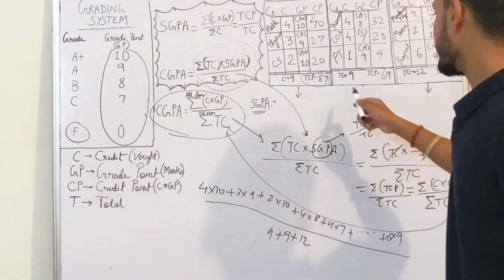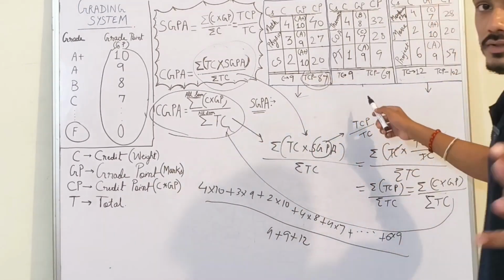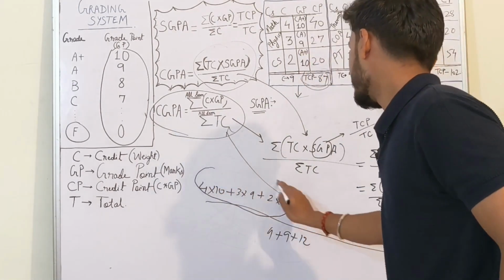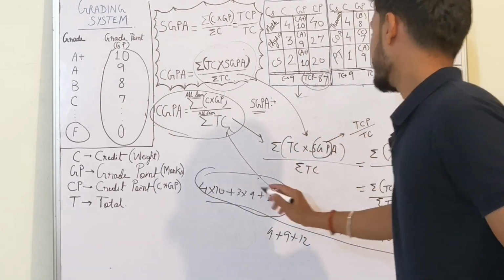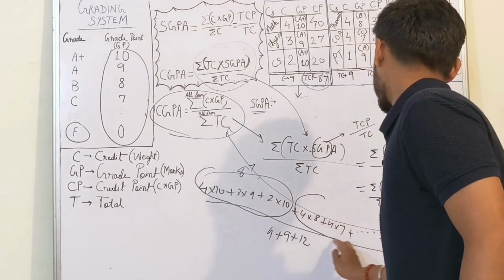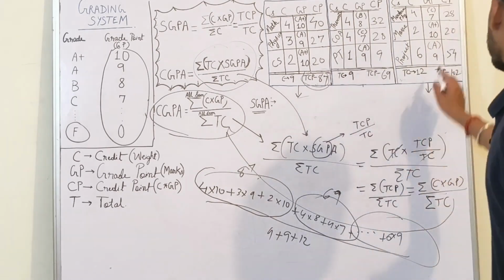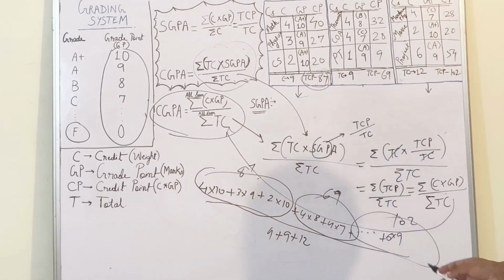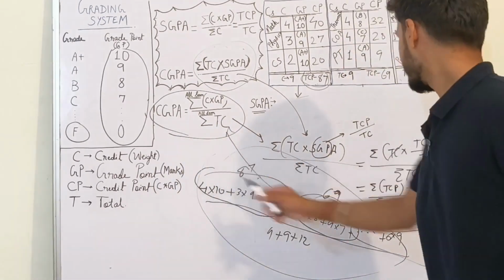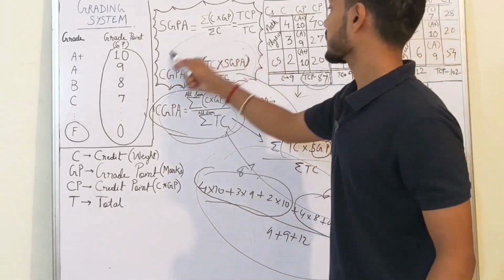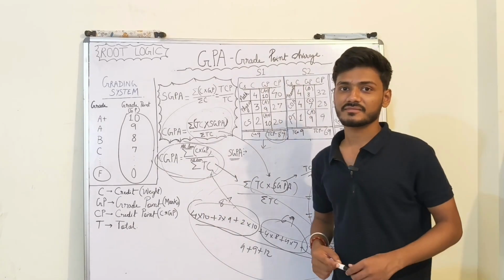And in most grade cards, you will see the total credit points already given, right? So you observe this. Is this the same thing? Yes, 87, 69, 102. So these are all the same things.